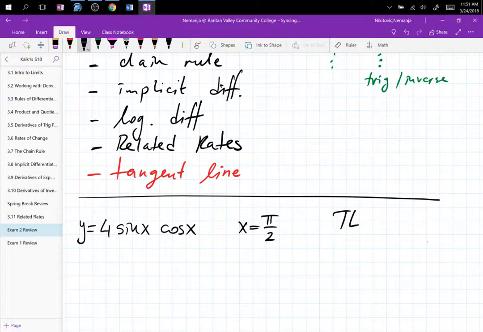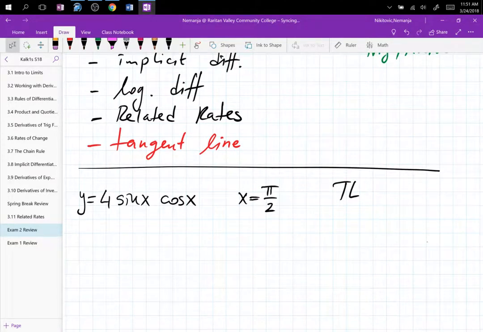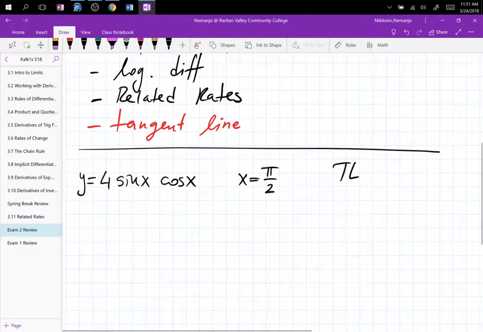Great, thank you. At pi over 2? I'm not happy with the cosine at pi over 2 because it gives you 0. That's fine, let's do it. No, that's actually everything's fine.